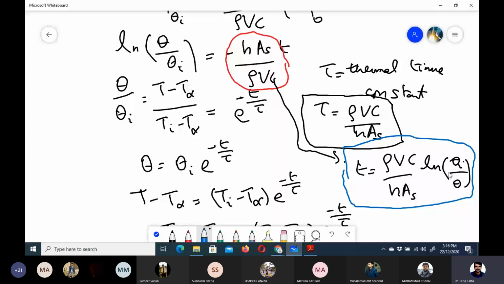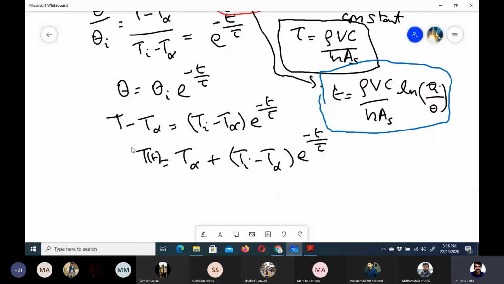And the second formula which we may need for the calculation is if an object is being put into a fluid or into a medium, then after some time t, what is its temperature.